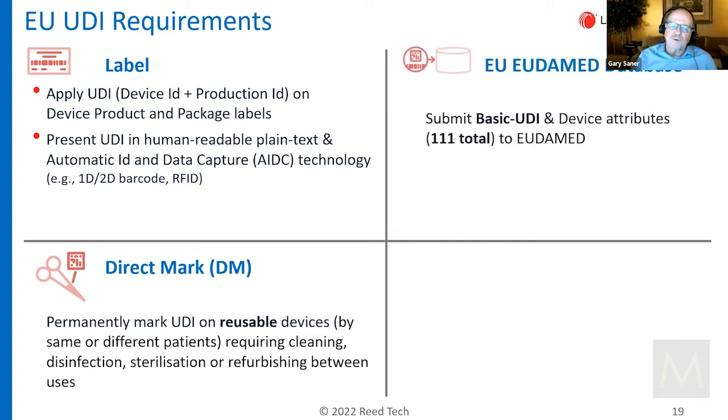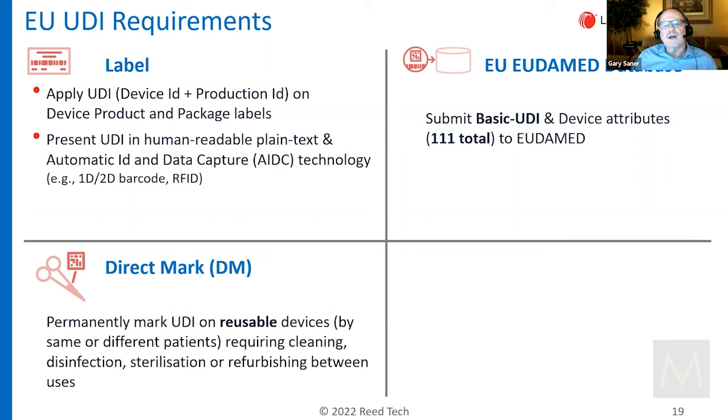We'll take a look at the other two quadrants here on the right. The reporting to the European database. This is the equivalent of the FDA Global UDI Database, GUDID. But again, some major complexity comes into play here. There is this concept of a Basic UDI-DI, nicknamed Buddy, but it's a grouping identifier, a family identifier.